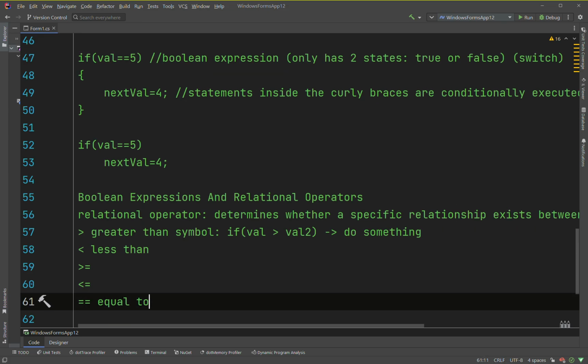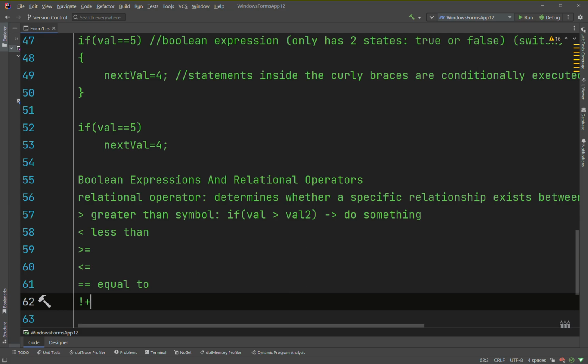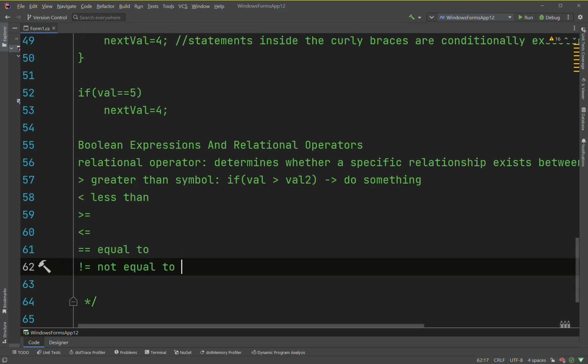This might be the one to remember here, just an exclamation sign and an equal sign. Can be a little tricky to remember if you're just starting out. Once you start out, you'll get them eventually.